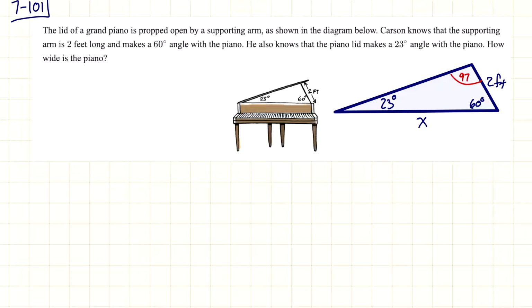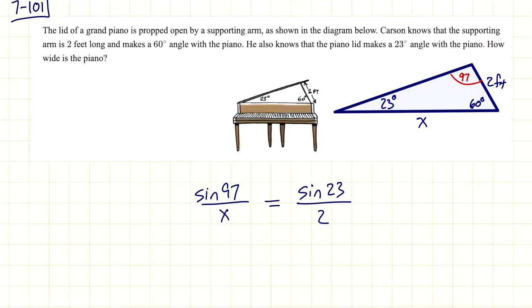All right, hopefully you were able to do that. I personally would use law of sines on this one. I think it's a lot easier to do. So I would set up my fractions: sine of 97 over x equals sine of 23 over 2.